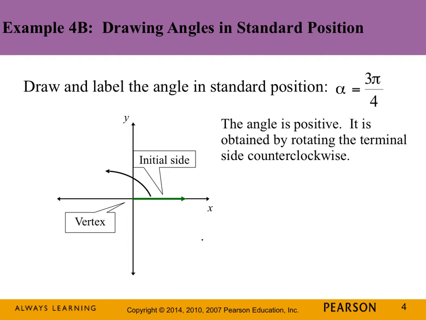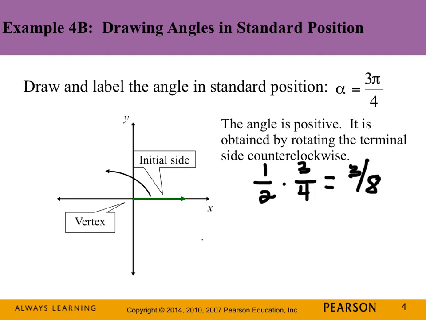On example 4A, I showed you the whole way to work it out, but now we've realized there's a little bit of a shortcut. Every time we're just going to say 1/2 times, and we can lose the pi, 3 over 4, we get 3/8. So this means this is 3/8 of the way around the circle, 3/8 of a full revolution.